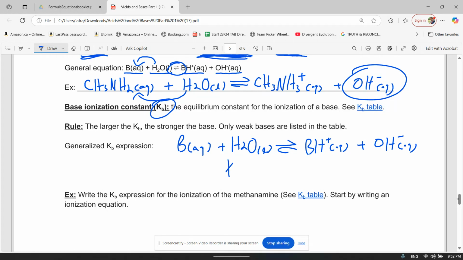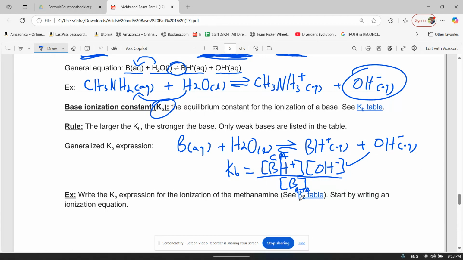Your Kb would be your concentration of BH plus times your OH minus over your concentration of B. So essentially your conjugate acid over your base, and then that conjugate acid is multiplied by the hydroxide ion. And that's how you would write a Kb expression for a weak base.